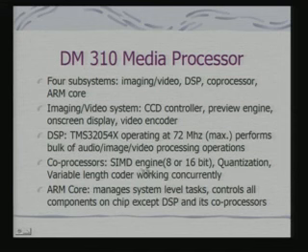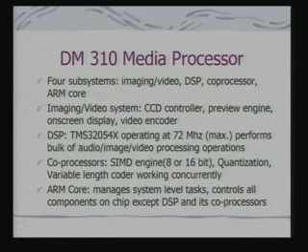Because for compression tasks, quantization is a very important step, as well as variable length coder. A very common example of variable length coder is your Huffman coder, which generates codes which are of variable length. So, you have a targeted coprocessor for this purpose. That means these are all dedicated hardware for these tasks, and on top of that you have got an ARM core which is managing your system level tasks just like your OMAP.